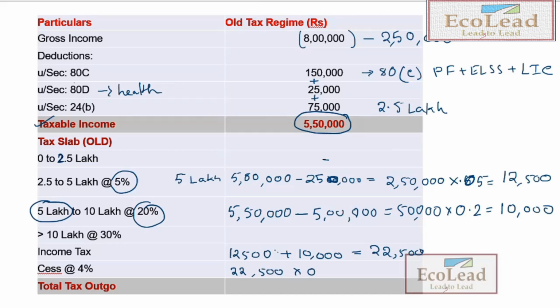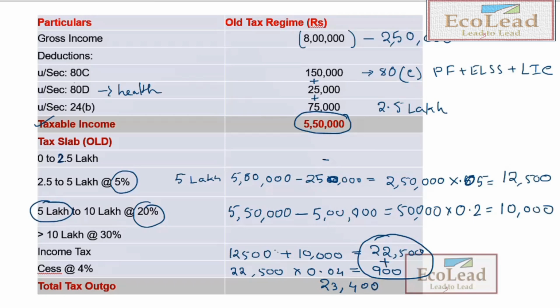So if we multiply by 0.04, the amount of cess will be 900 rupees. And the total tax outgo will be the summation of these two items, and the total tax outgo will be 23,400 rupees.